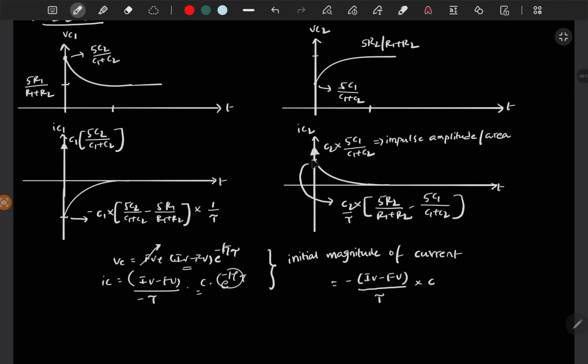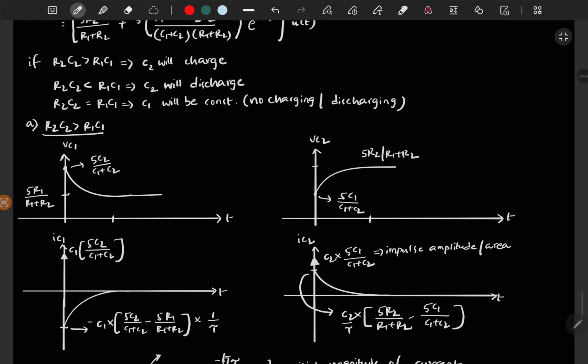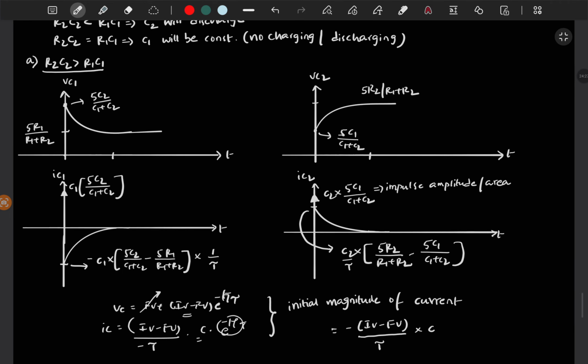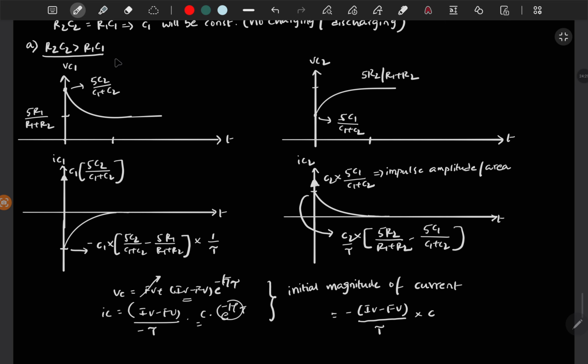So this is how you will get this initial magnitude also. And finally the current goes to 0 at steady state. So similarly you can find for the other conditions also.